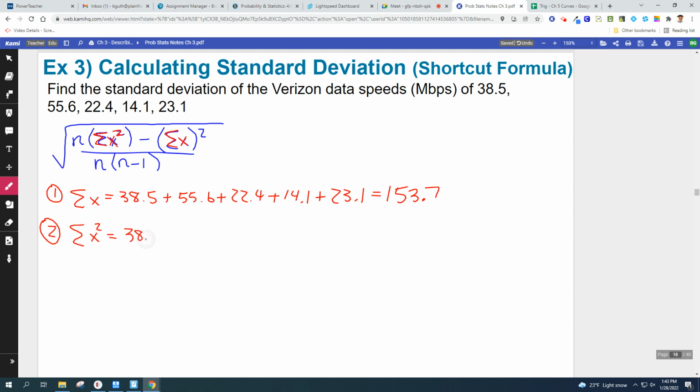So I want 38.5 squared plus 55.6 squared plus 22.4 squared plus 14.1 squared plus 23.1 squared. So it looks very similar. We're adding the numbers, but we're adding the squares of the numbers. You add all that up, and that is 5807.79.